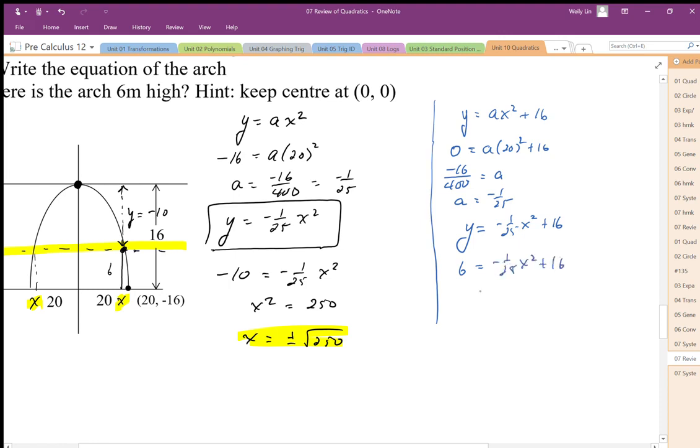Minus 16 from both sides. There's my equation: negative 10 equals negative 1 over 25 x squared. Get 250 equals x squared. X equals plus or minus the square root of 250. So same solution. It's just a different relative positioning of the vertex.